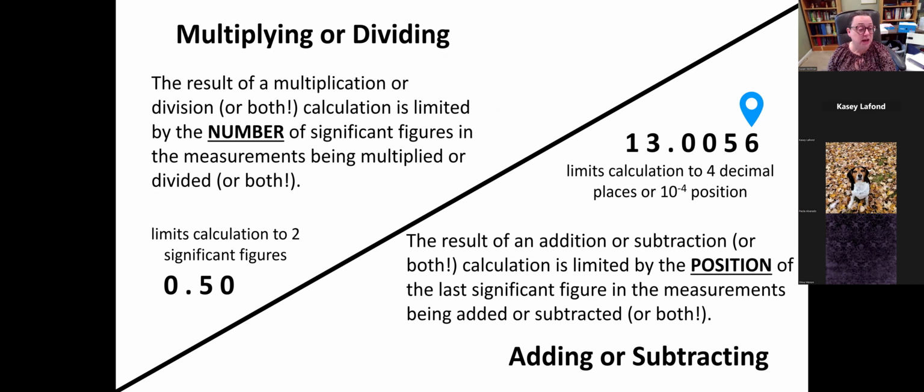So for example, if we had this number 0.50 in our series of multiplying and dividing, and everybody else had more significant figures than 2, our final result would only have 2 significant figures. Okay? And that's different from what's going on with adding and subtracting.